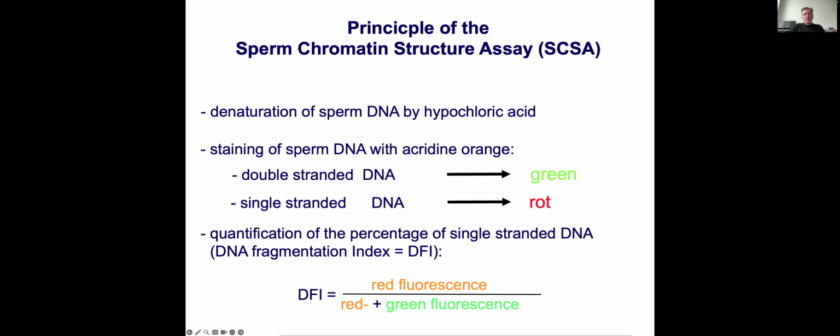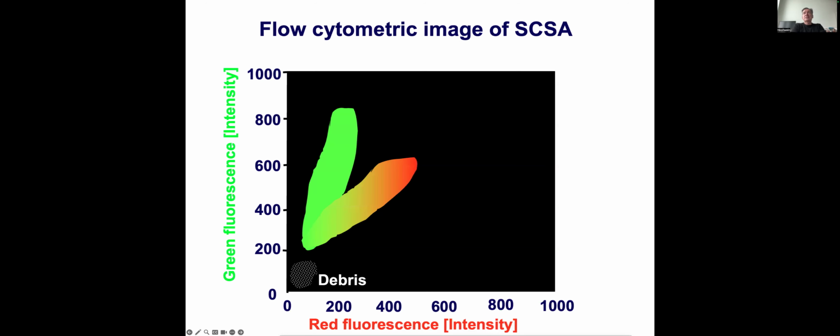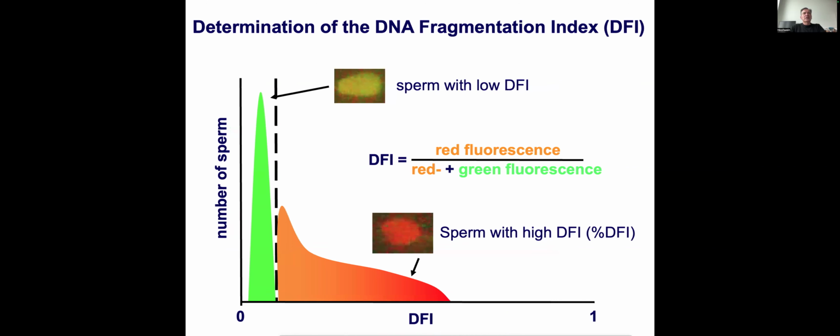And if we are then looking at the flow cytometric image, normally we see when we are looking at the dot plot, here are the sperm with a high red fluorescence, and these are the sperm with a damaged DNA. And this is a population with more green fluorescence. These are the sperm with intact DNA. And here is again the debris. Because here the distinction is not so easy, therefore we are using a histogram.